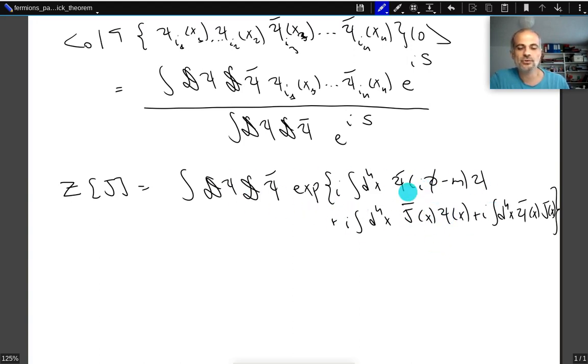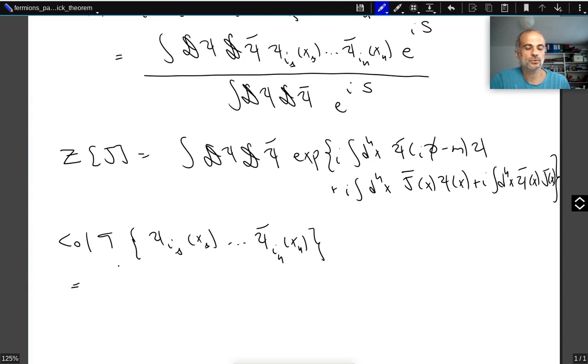And once we have all these quantities, the above matrix element, the time-ordered product ψ_I1(x1) ψ̄_I4(x4), will be just, to obtain a ψ, we just need to take the functional derivative with respect to J̄. So this will be minus i functional derivative with respect to J̄_I1 at the point x1.